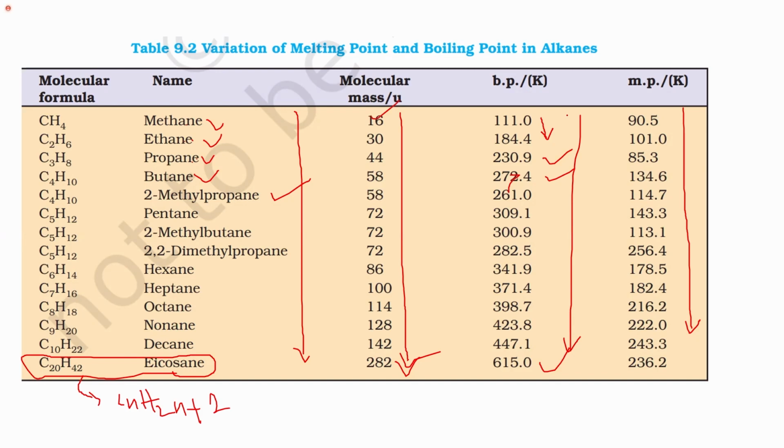The melting point is the temperature at which a solid compound melts to a liquid compound. That is a fixed temperature, so every compound has its own fixed melting point.